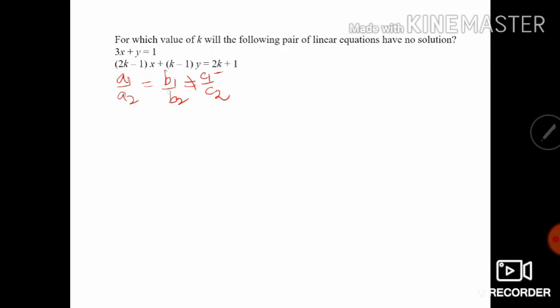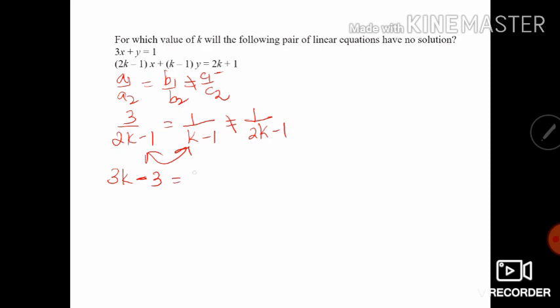Substituting the coefficients of x, y and also the constants, 3 upon 2k minus 1 is equal to 1 upon k minus 1, is not equal to 1 upon 2k minus 1. Now comparing the first two ratios, 3k minus 3 is equal to 2k minus 1. Rearranging the terms, we get k equal to 2.